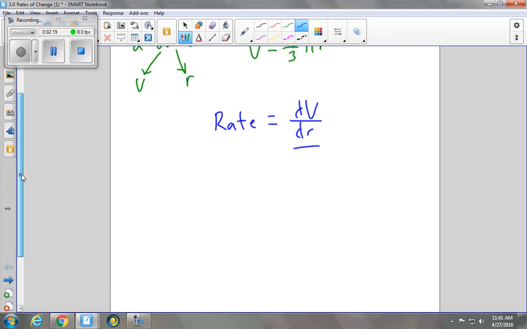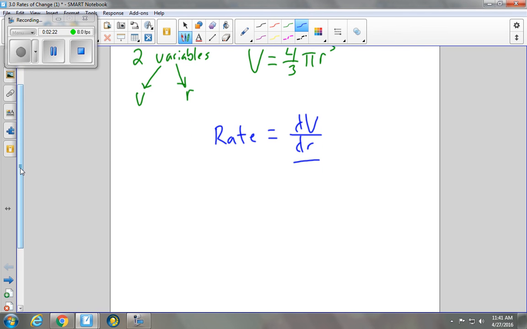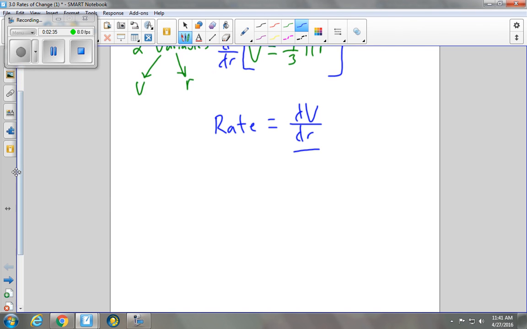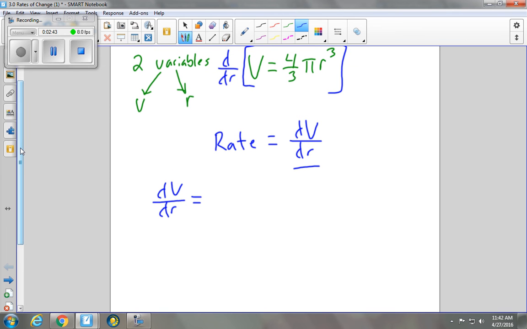Okay. So if we go a little farther with this, dV over dr, what we're really doing is we're going to take d/dr of this whole thing. And that becomes dV over dr, which is what we're looking for, is equal to, scroll up a little bit. So that was this part, took the derivative of it.